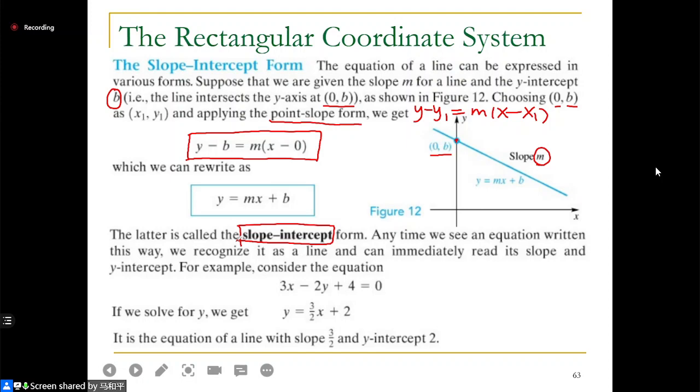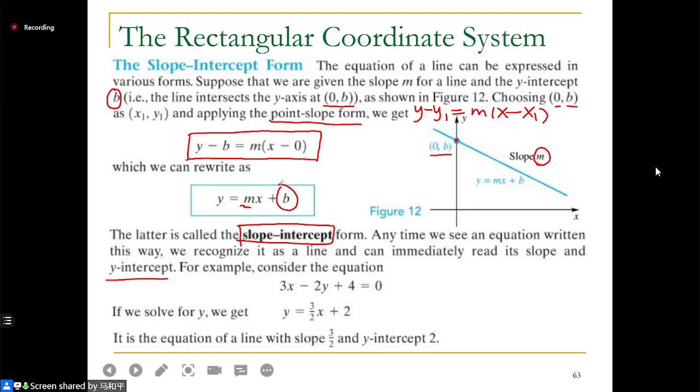Anytime we see an equation written this way, we recognize it as a line and can immediately read its slope and y-intercept. Here, the slope is m, and the y-intercept is b, right?